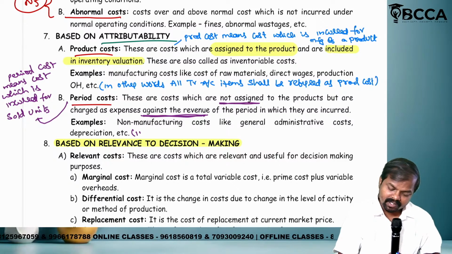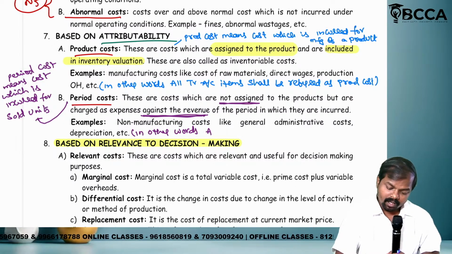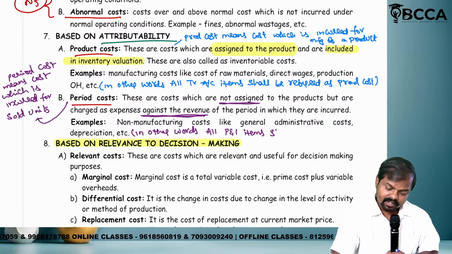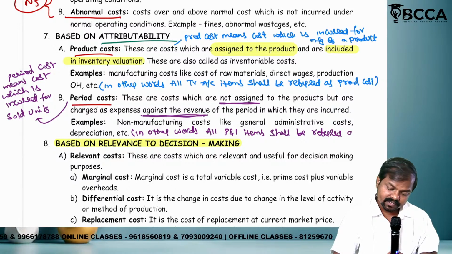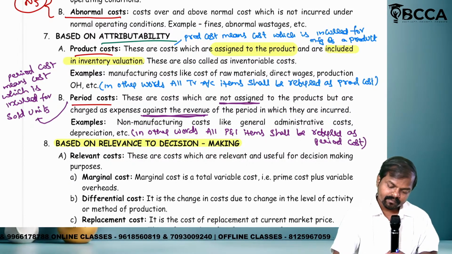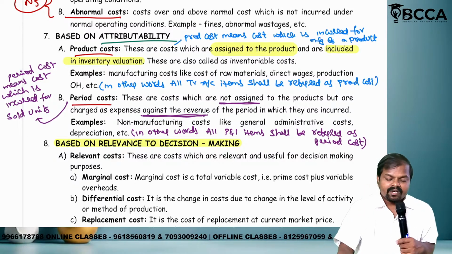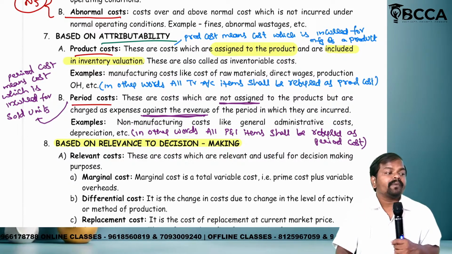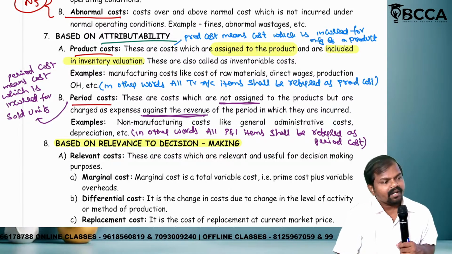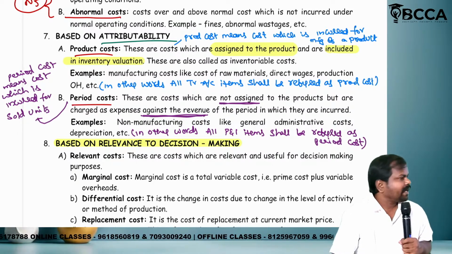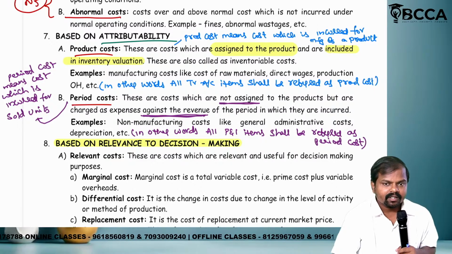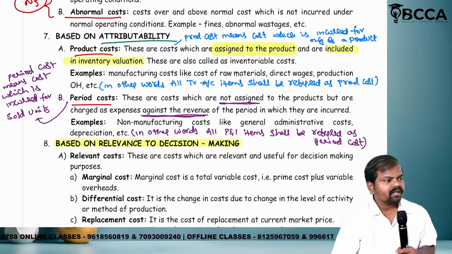In other words, all P&L items shall be referred to as period cost. All P&L items shall be referred to as what? Period cost. Till now clear, my dear friends? Otherwise I have to repeat. No confusion?